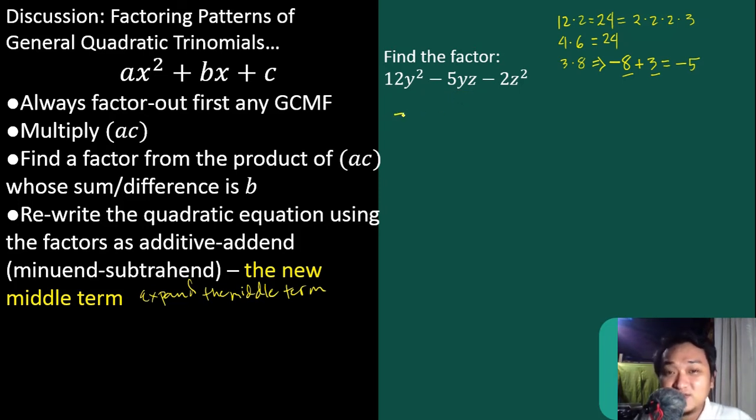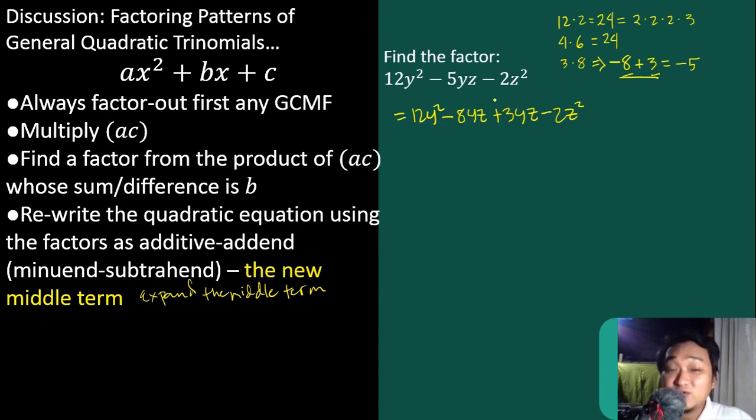So this is also equivalent to 12y squared minus, hindi negative 5yz yung gagamitin natin. Ito na, yung bago, yung expanded form niya, taken from 24. Yun ang ibig sabihin nun. So that is negative 8yz plus 3yz. Then copy minus 2z squared.